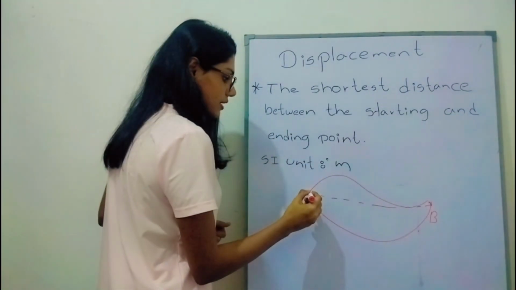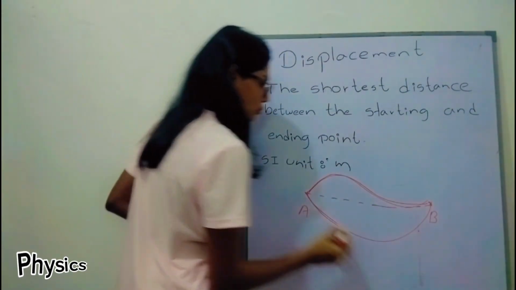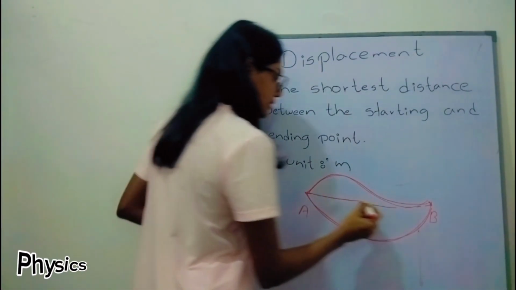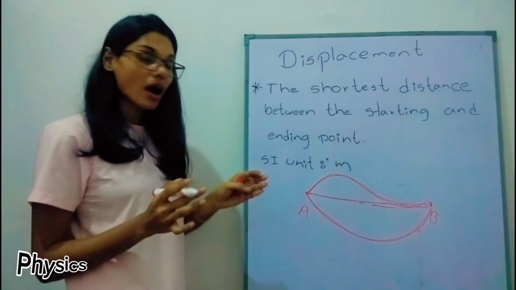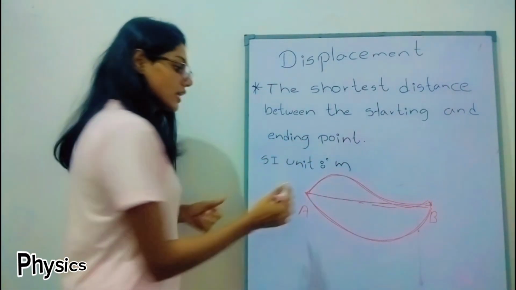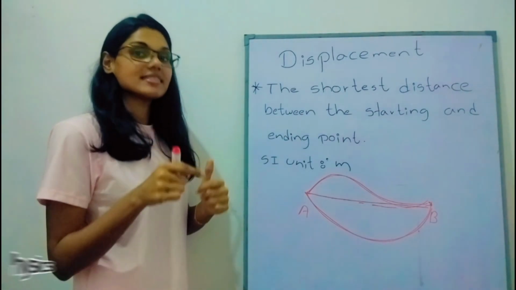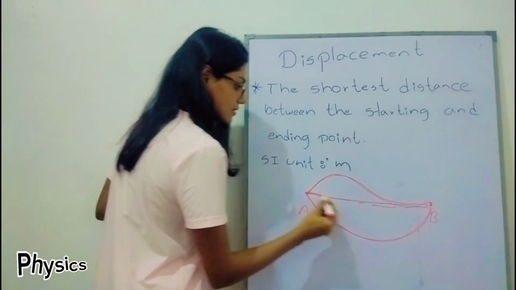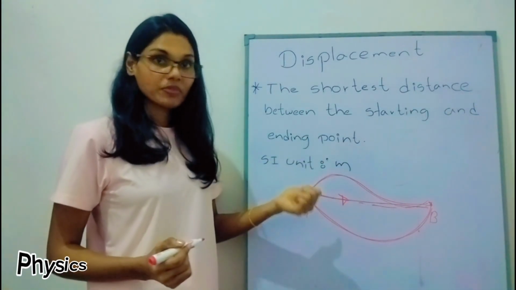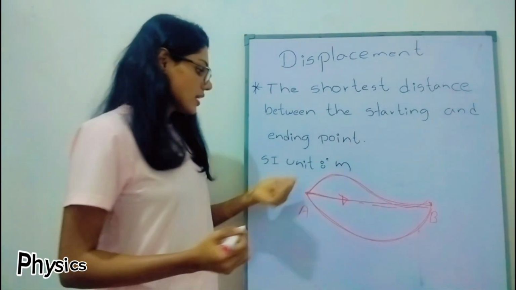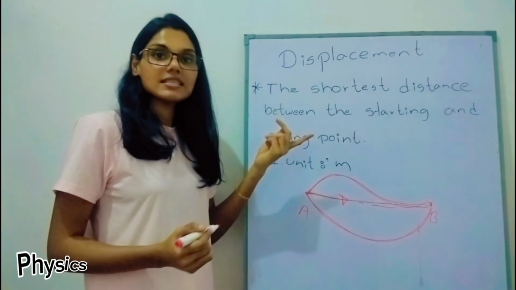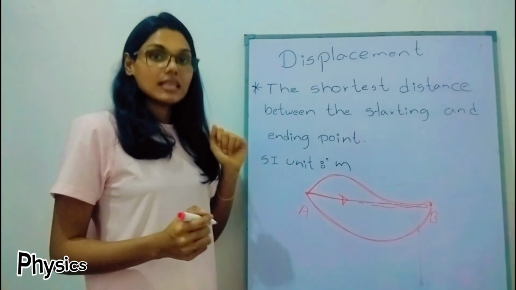Previously I took these two paths as distance. But in here, this shortest path we consider as the displacement. In displacement, we must consider the direction. And here, as you can see, we have a specific direction, which is east. So, in displacement, we have direction, but in distance, we didn't have direction.